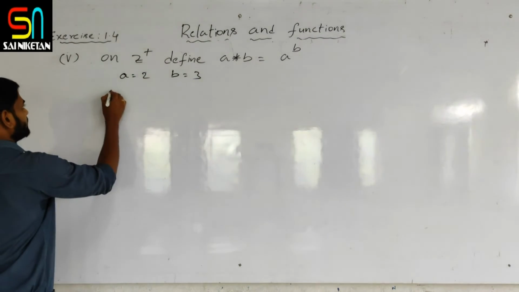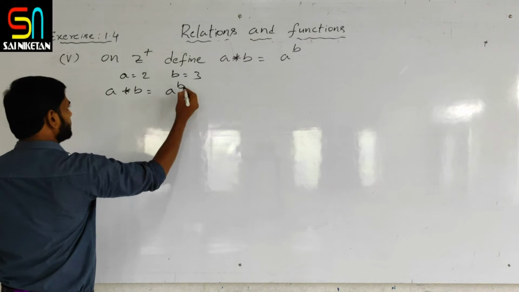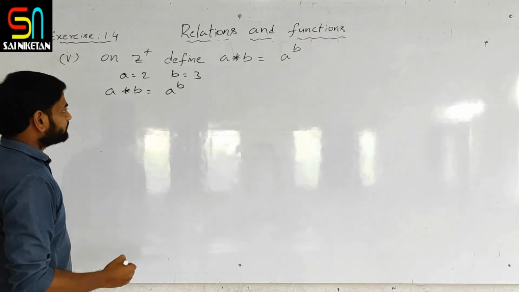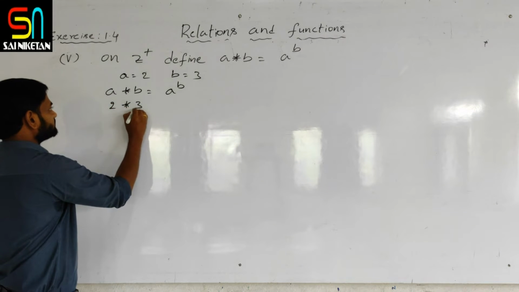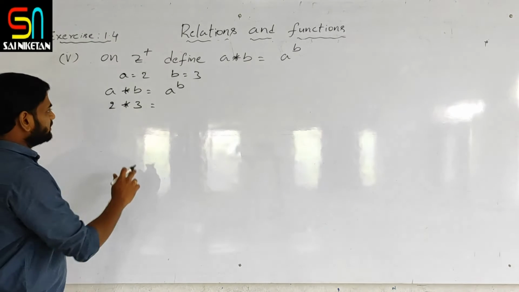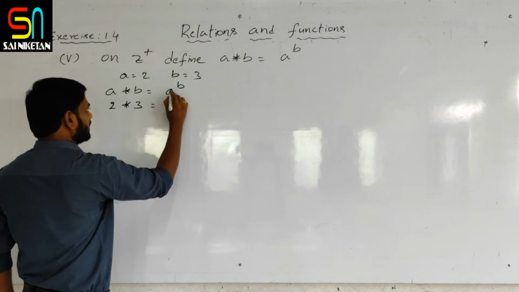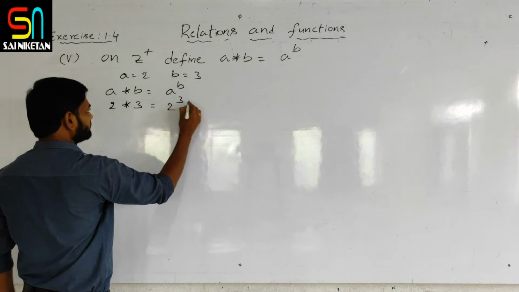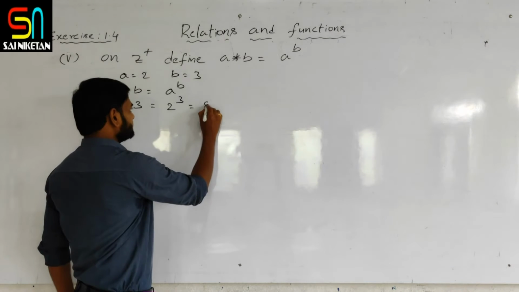Now what is the operation given? That is A star B is equal to A power B. Just substitute here the values. That is 2 star 3. That is A value is 2, B value is 3. That is 2 power 3, that is 2 cube. 2 cube means 8.